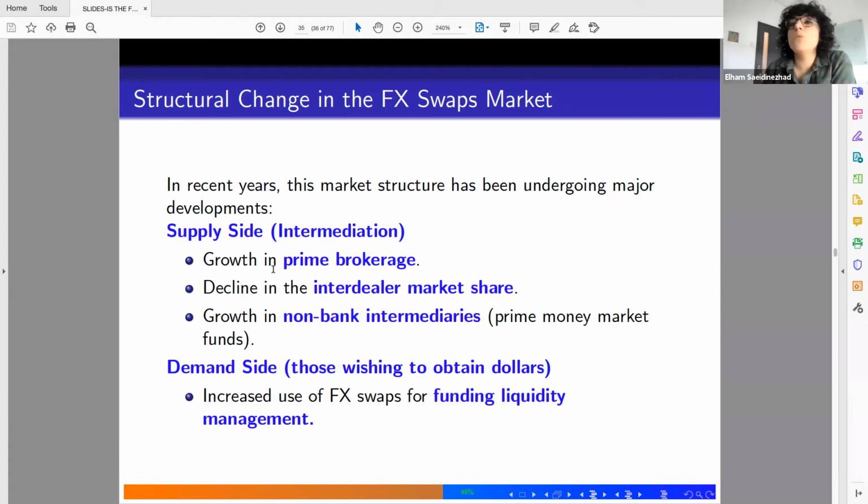We are going to see why this increases the FX swap spread, and why this decreases the liquidity in the market. There is also a shift on the demand side: the clients are coming to the FX swap market for funding liquidity purposes rather than hedging purposes.